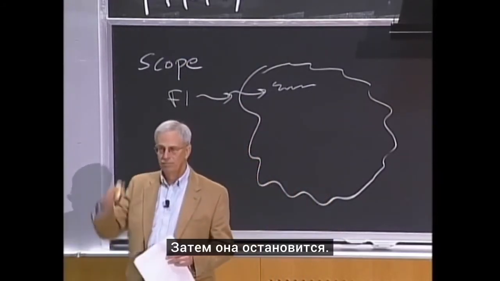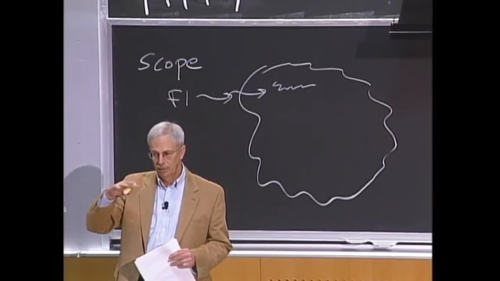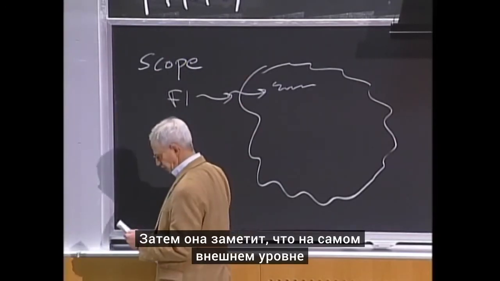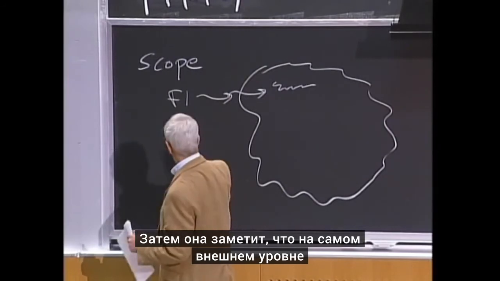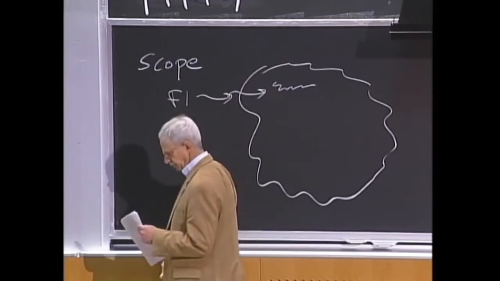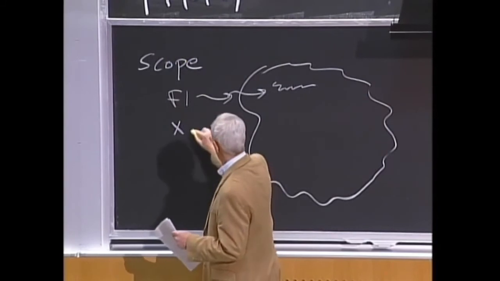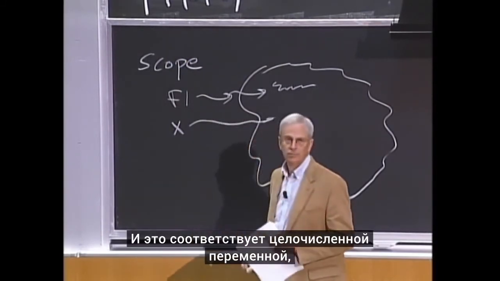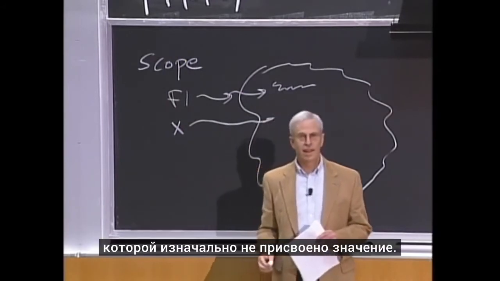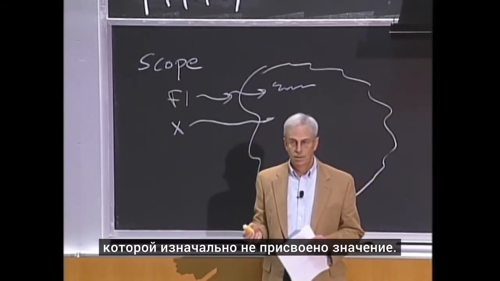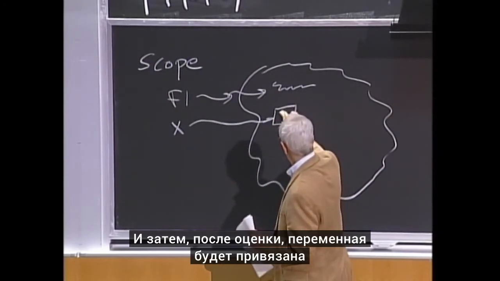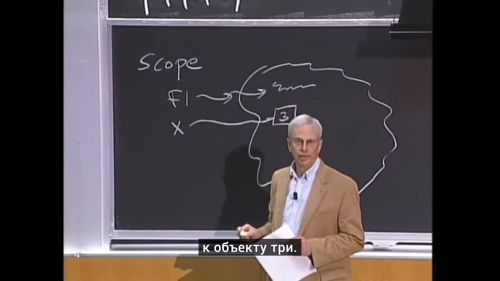It will then stop. It will then notice that it's got, at the outermost level, a variable called x. And that will map to an integer, which will initially have no value in it. And then after the assignment, it will now be bound to the object 3.